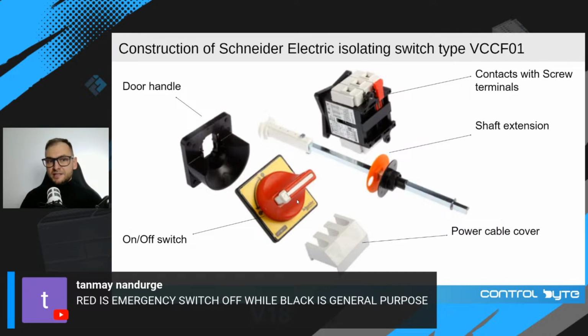But for some machines, the disconnecting function is not an emergency stop function, because, for example, if you have servo drives, they are equipped with an emergency stop function, and if you switch off the main switch, you will disconnect the servo drives, and they will stop with an error, and they will not stop properly.